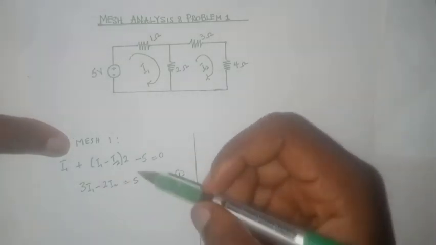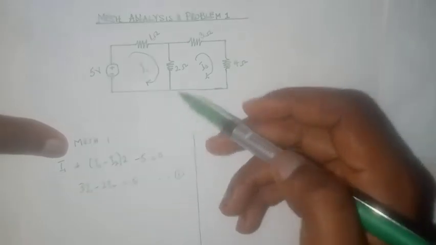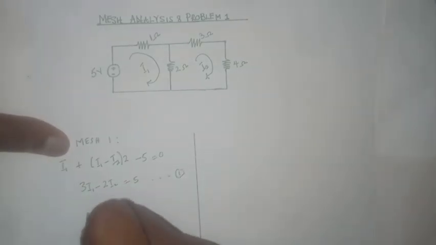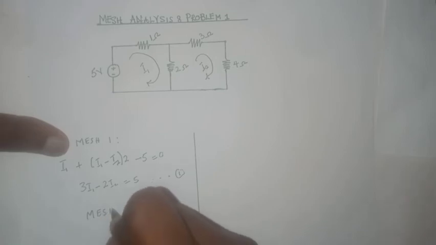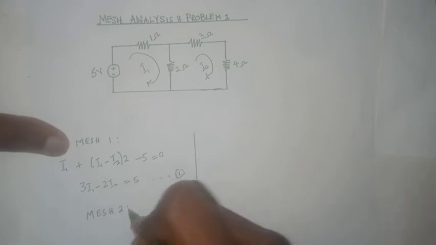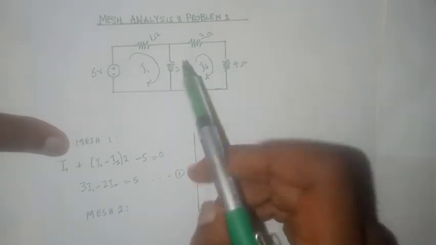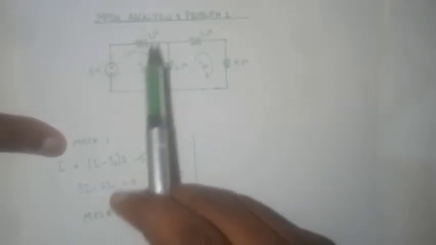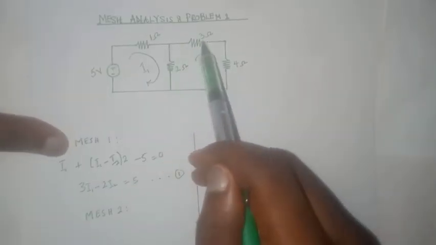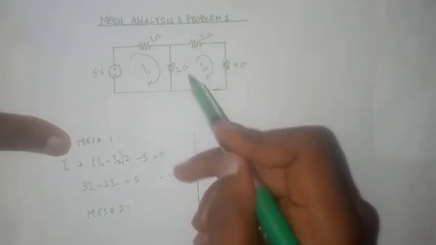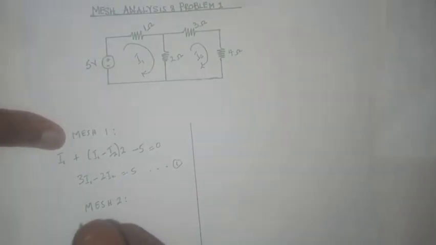Then the next thing we do is we proceed to the next mesh. So that would be mesh 2. In mesh 2, we write the KVL equation. So say we start from here and we hit this 3 ohm resistor. The voltage drop across it would be 3I2.